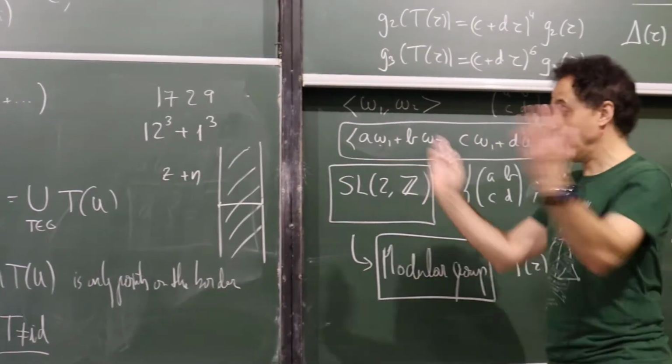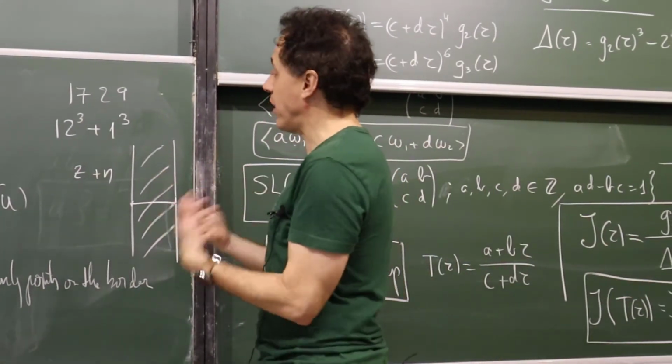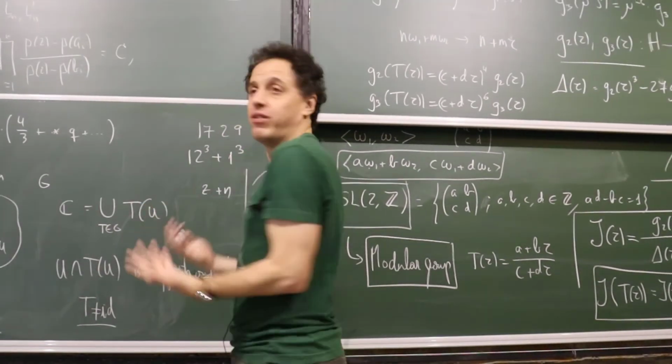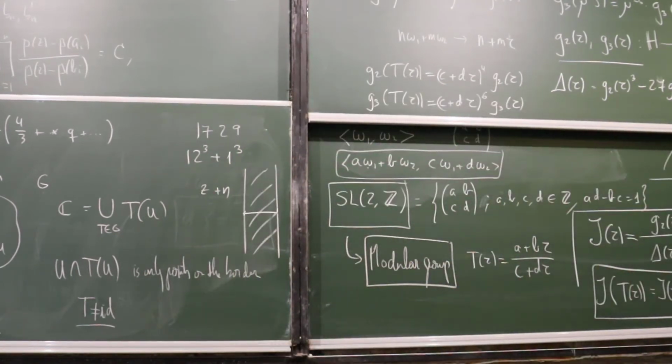This is the fundamental domain. In the fundamental domain, for functions that are preserved by elements of your group, you can see everything. So a fundamental domain for the modular group turns out to be the following set.